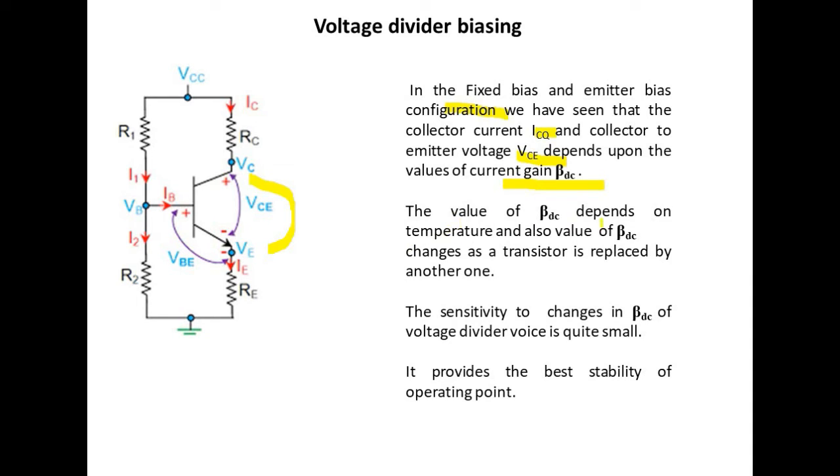The value of beta DC depends on the temperature, and also the value of beta DC changes as a transistor is replaced by another one. The sensitivity to changes in beta DC of the voltage divider circuit is quite small. It provides the best stability of the operating point.